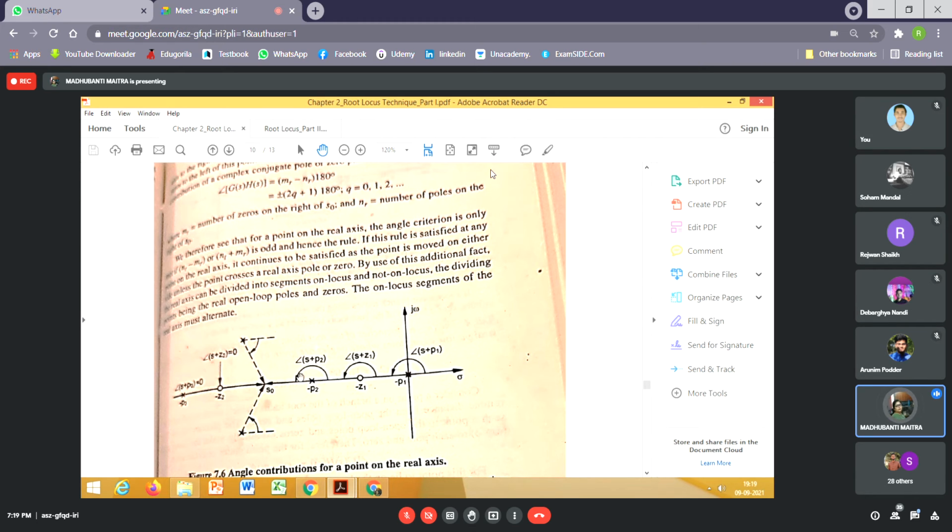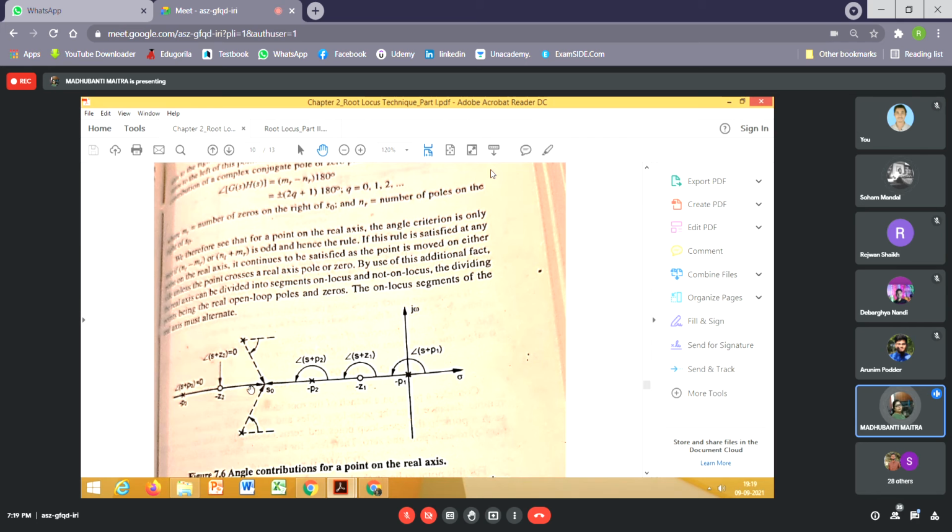Again, this particular zero is contributing an angle of 180 degrees. Am I clear? And the real open loop poles and zeros lying to the left of this trial point, the angle contribution is zero.